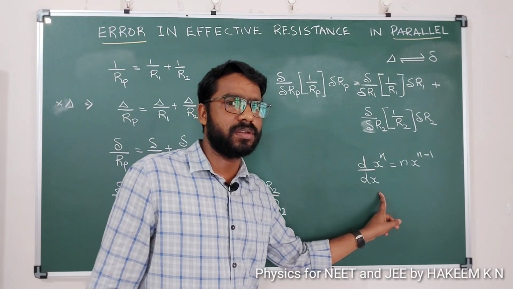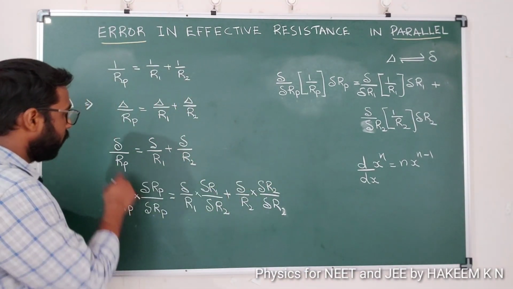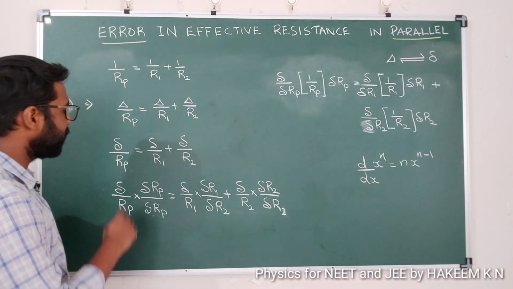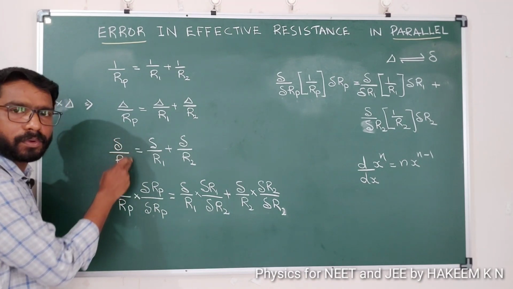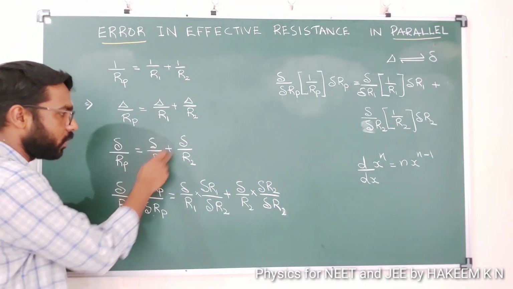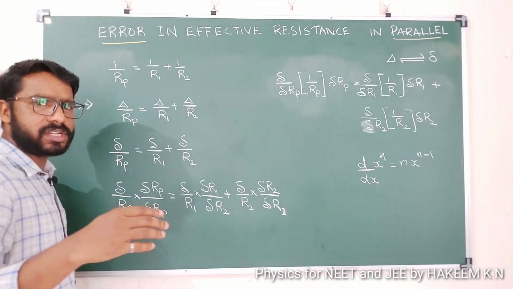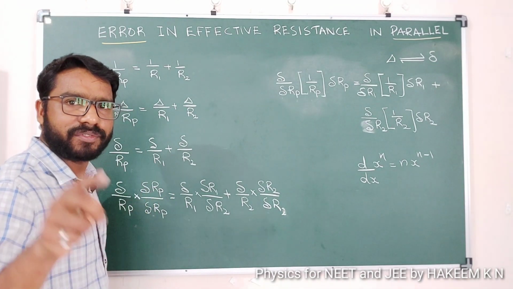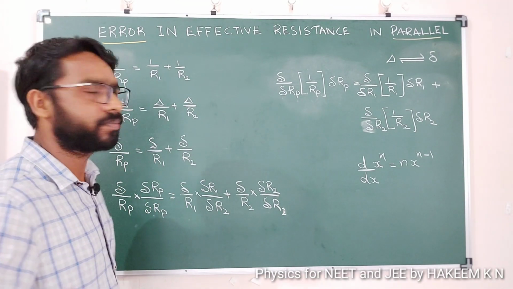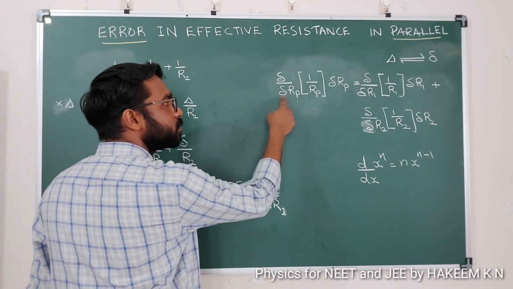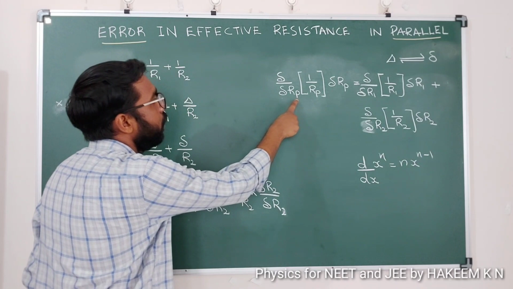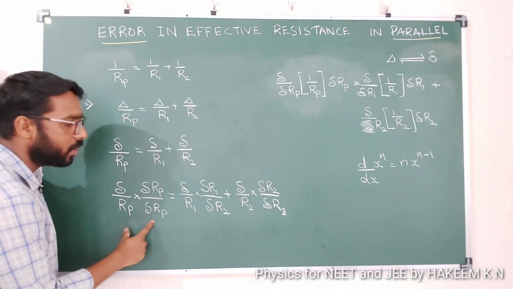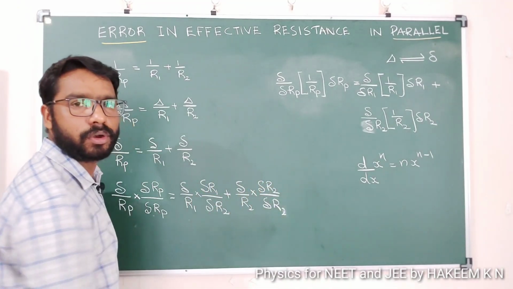Here we have dou by Rp, dou by R1 and dou by R2, and I want to differentiate the reciprocal of Rp, R1 and R2. To differentiate the reciprocal of Rp, it should be differentiated with respect to dou Rp. So, that is why I multiplied numerator and denominator with dou Rp here, dou R1 and dou R2 here.